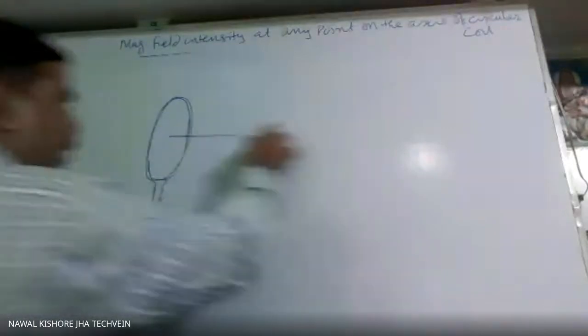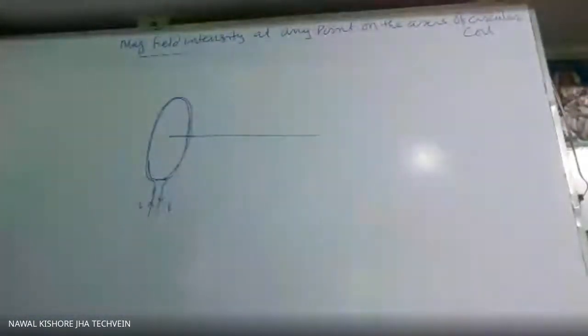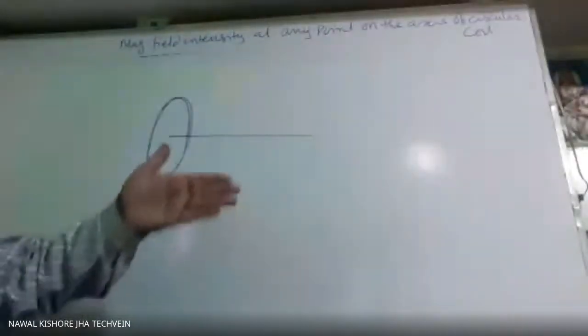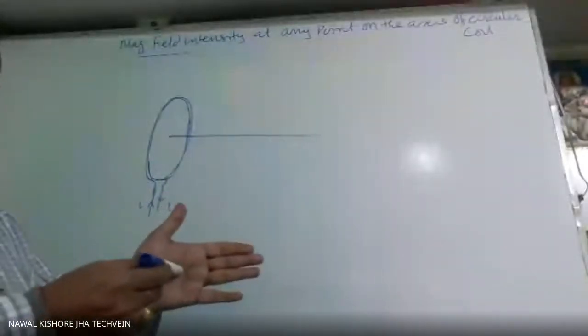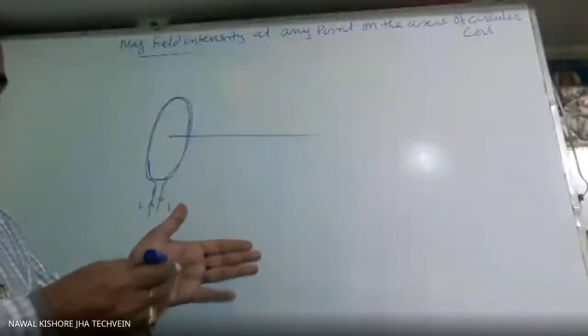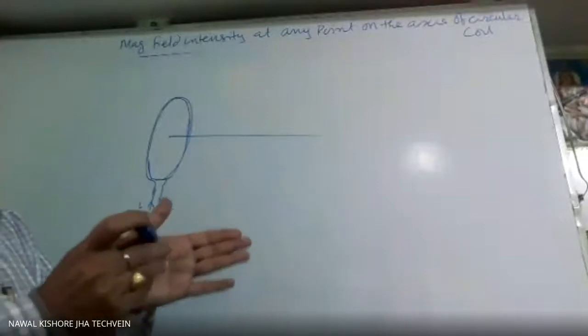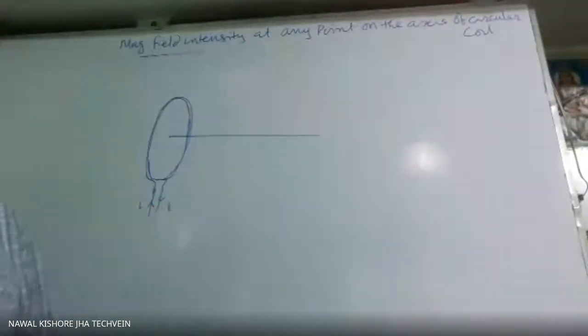So this is the axis. The coil is in this plane, suppose. Here is the coil, and the point is like this here. The axis is this one. We are interested to find the magnetic field at this particular point.